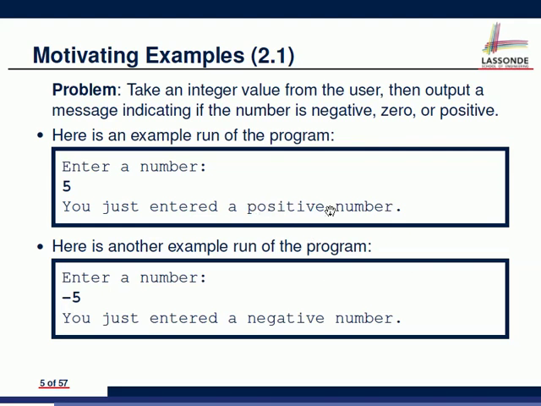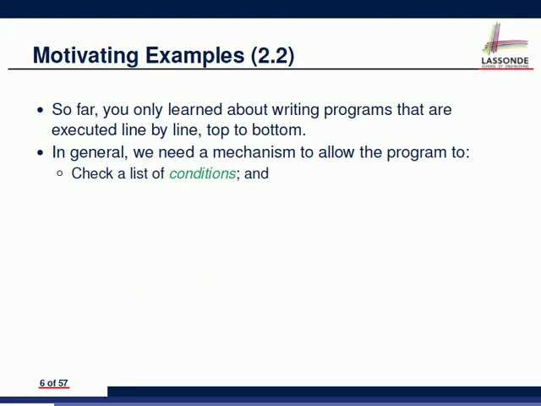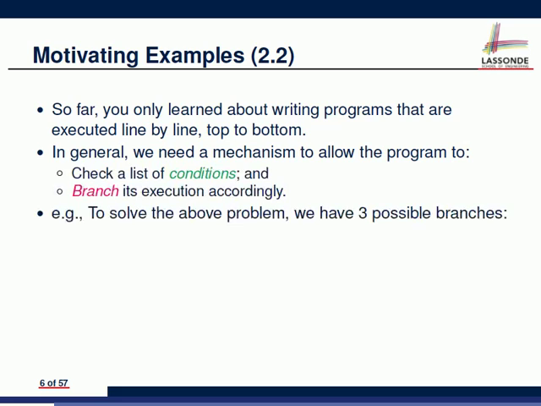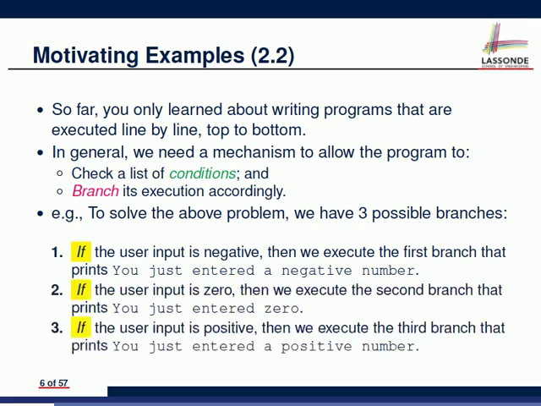You can see positive over here or negative. That's just another example. So now, what we want to do is to have some branching conditions to say we can go to this branch or that branch or another branch. I'll leave you to read the slides. It's rather simple. I just want to go to examples directly.